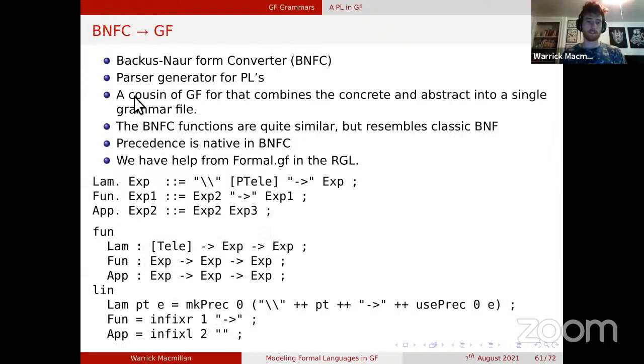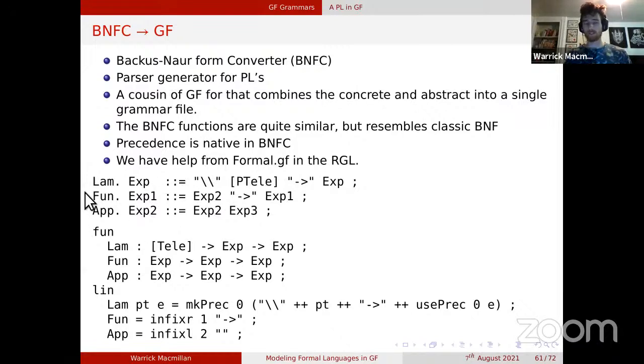And there's this parser generator called BNFC that's a cousin of GF, which is meant for programming languages. I'm saying here that these 3 lines are how you define the lambda calculus in BNFC.